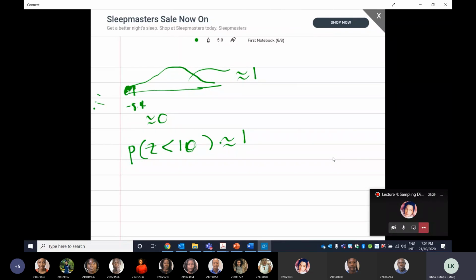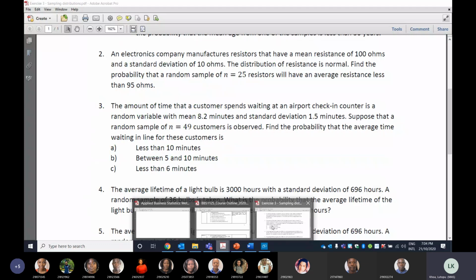So again, because this is a word problem, we should answer our question with a sentence.